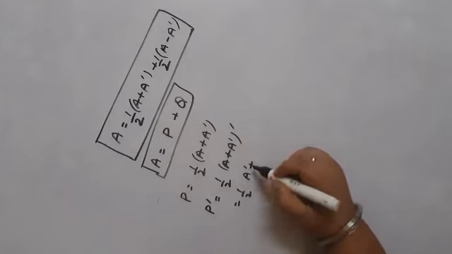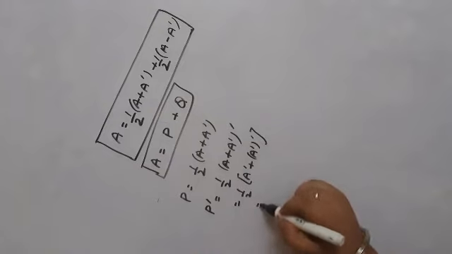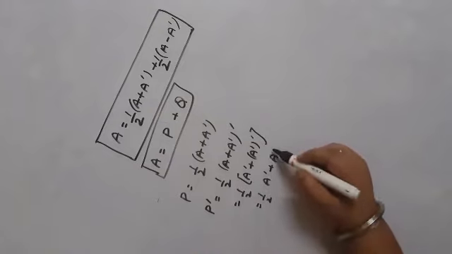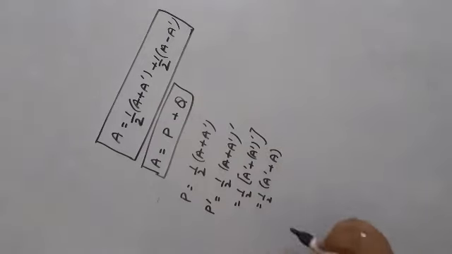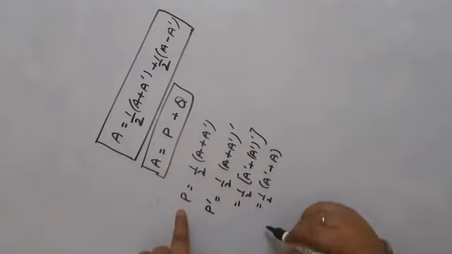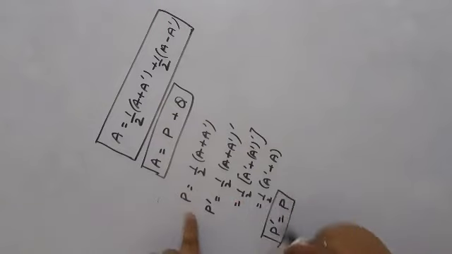Then A transpose plus A transpose of transpose, which is A, so half of A transpose plus A is equal to P. So P transpose is equal to P. Now this part is the symmetric matrix part.